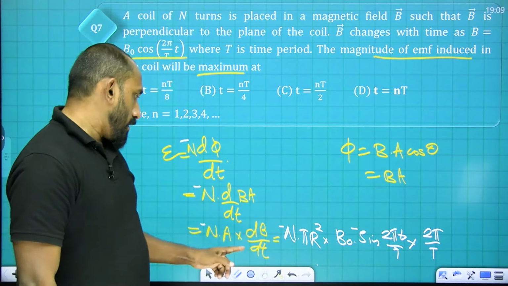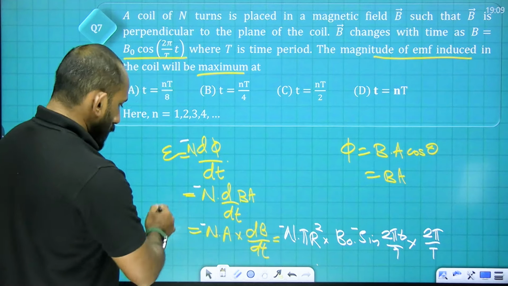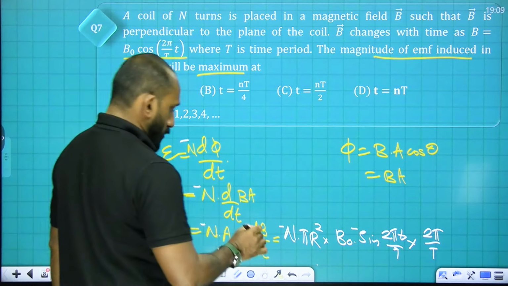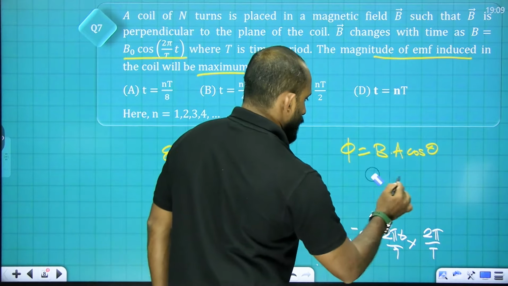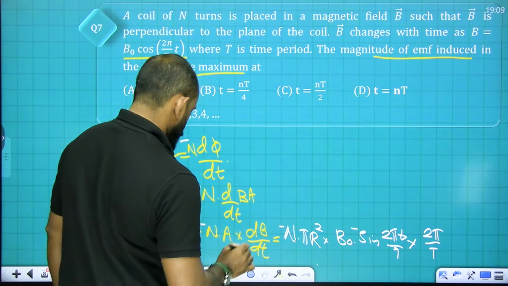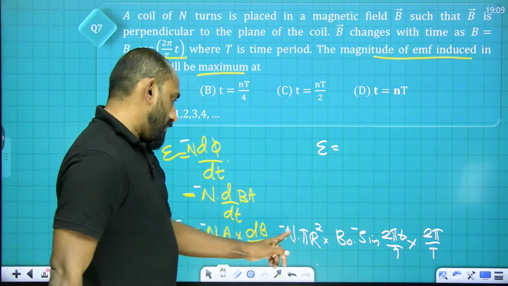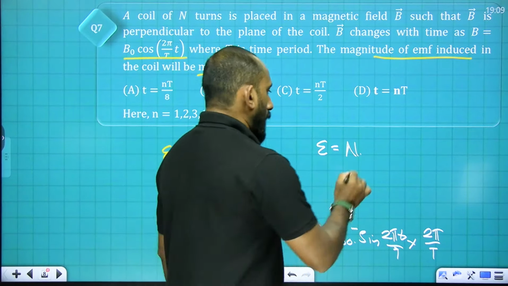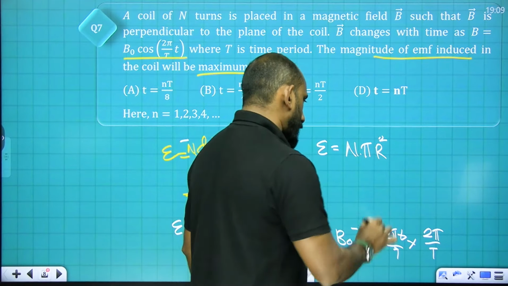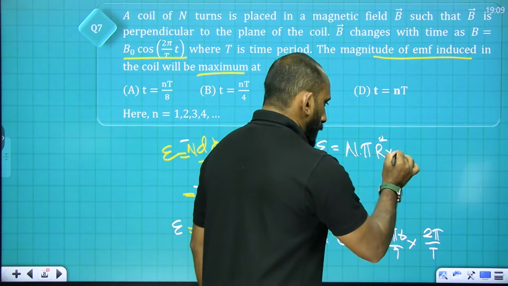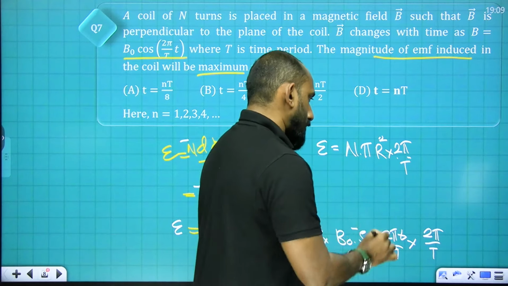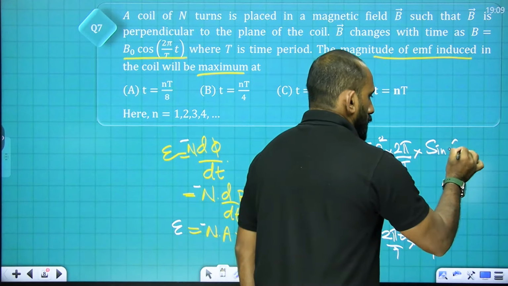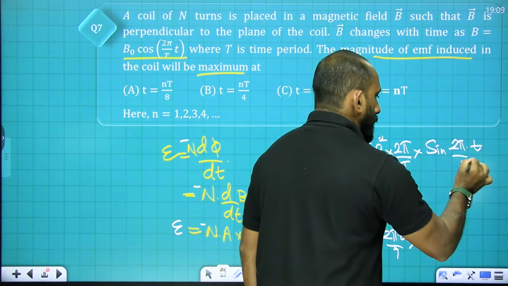Yes or no? So if you rearrange the equation, this EMF induced will be equal to, here see, N is a constant, minus and minus cancel, N into pi r square is again a constant, into 2 pi by T is again a constant, the total into sin(2 pi t by T) is coming.